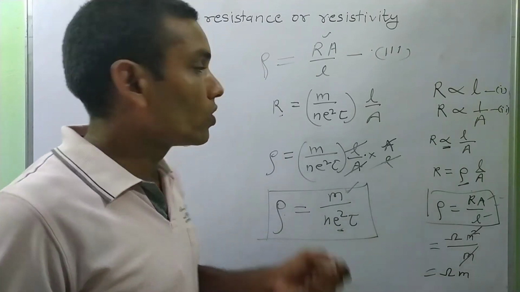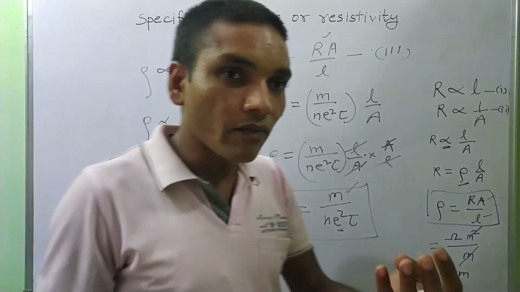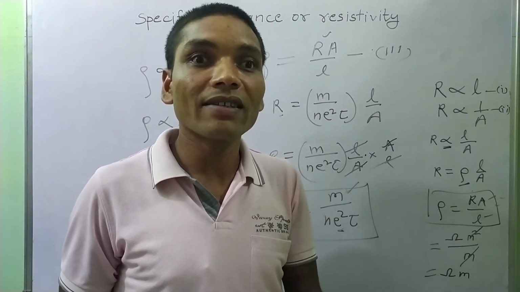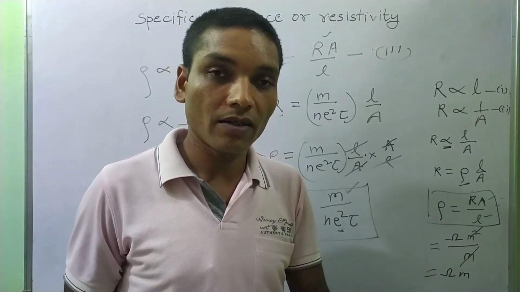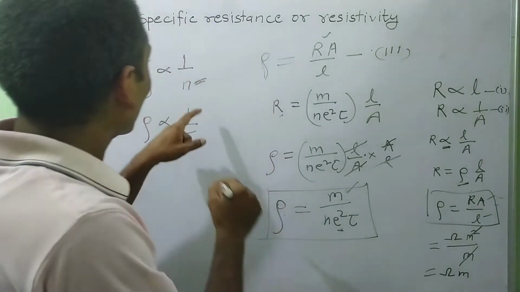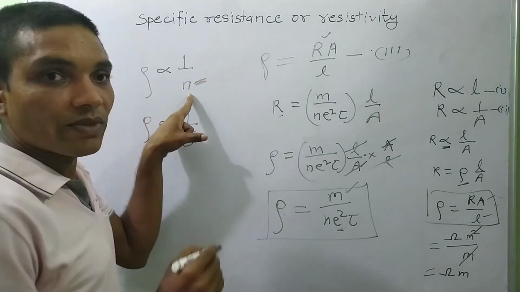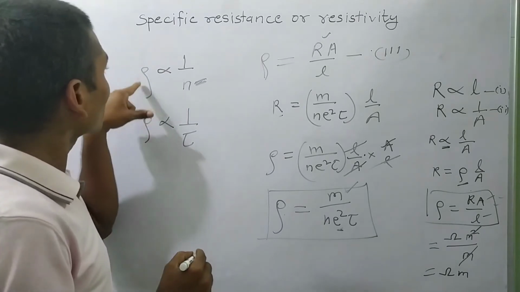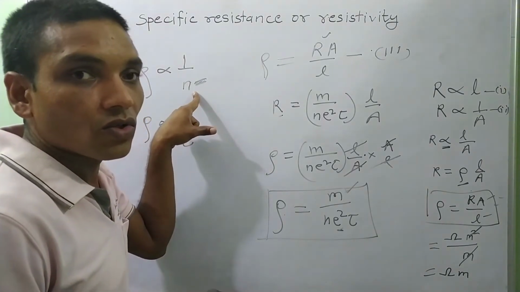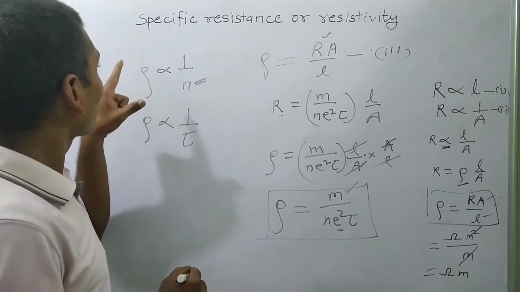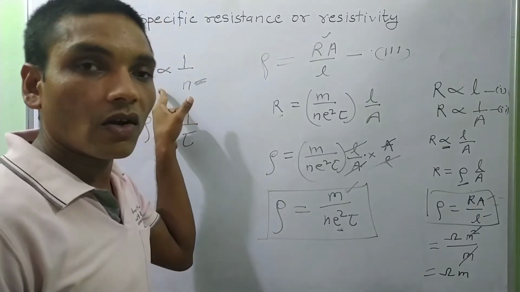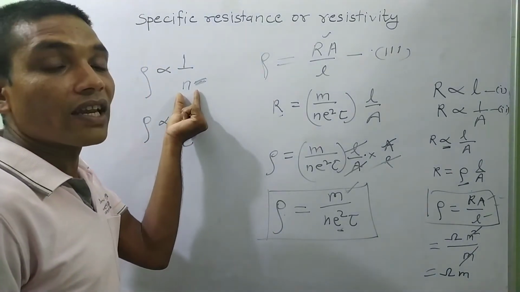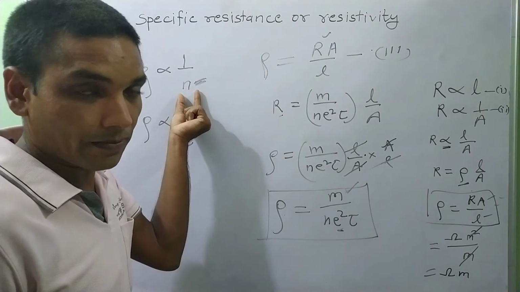You know that this number of free electrons determines the nature of the conductor. Because this determines the nature of the conductor, and you know that rho depends on n, we can say that the resistivity of the conductor, or the specific resistance of the conductor, depends on the nature of the conductor.